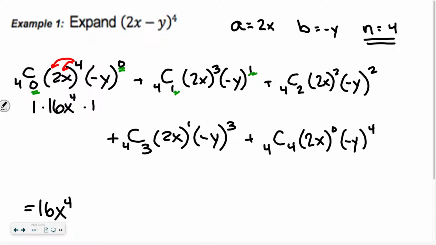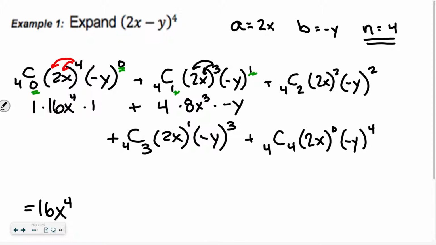Okay, now I'm going to do my second term. This is a plus. A combination of 4 choose 1. You could type it in, but a combination of anything choose 1 is that thing. So this one's going to be 4. Got to distribute. That's going to be times 8x cubed. And then what's negative y to the first? Negative y. Now, this happened to a lot of people in polynomials.